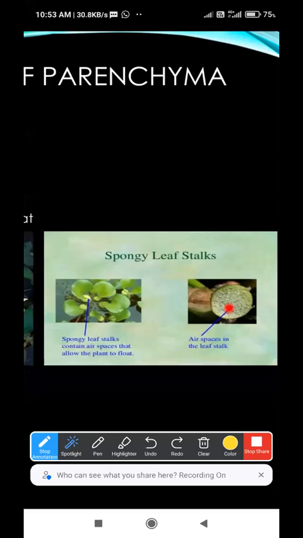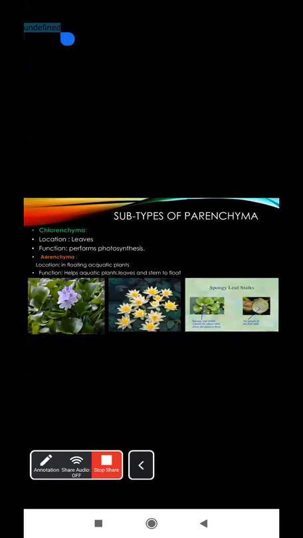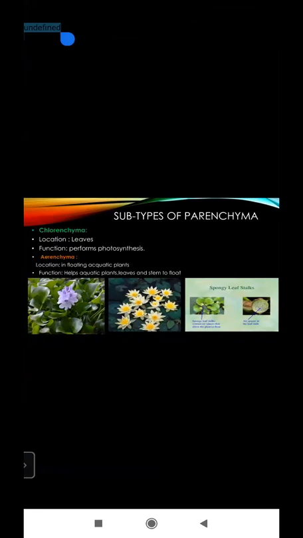This parenchyma tissue makes the leaf or the stalk of the leaf and stem spongy and buoyant so that they can float on the water. So its main function is to help aquatic plants float on the water surface. So please remember this.